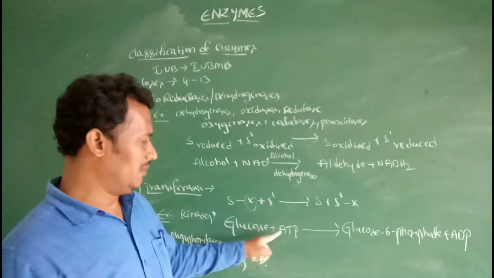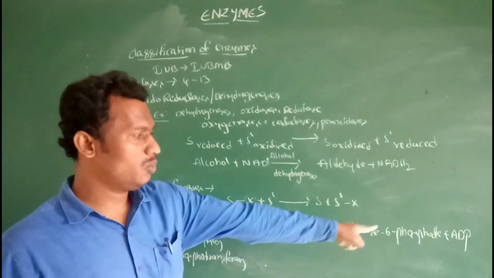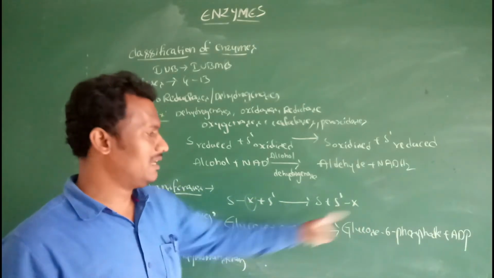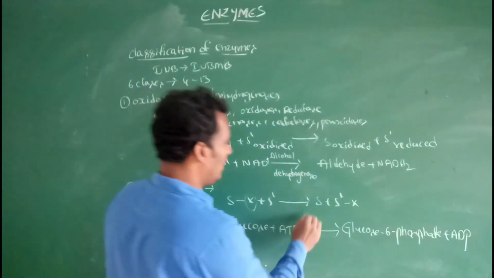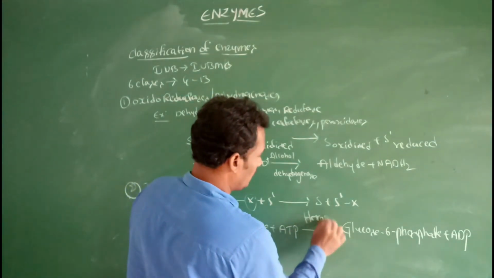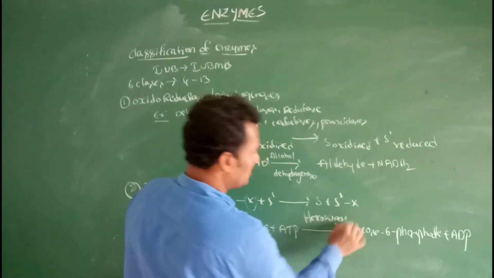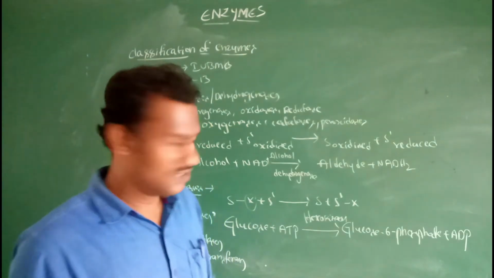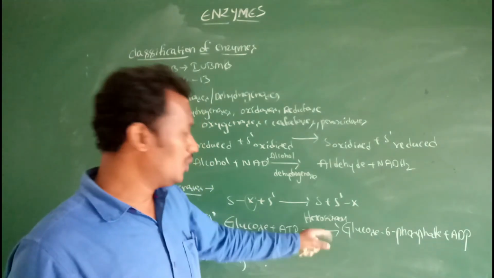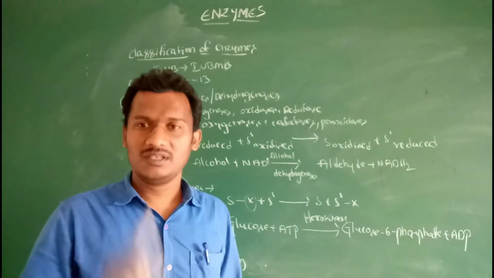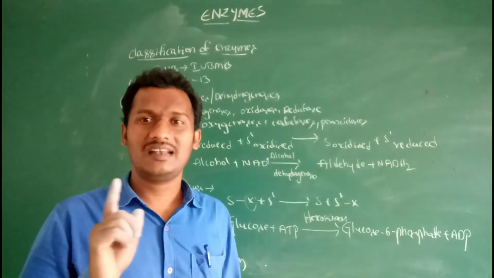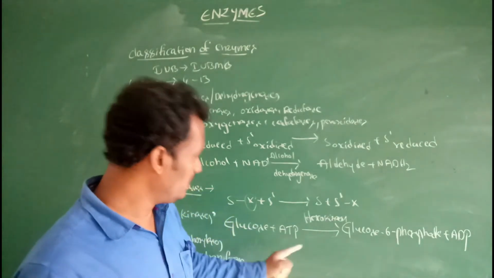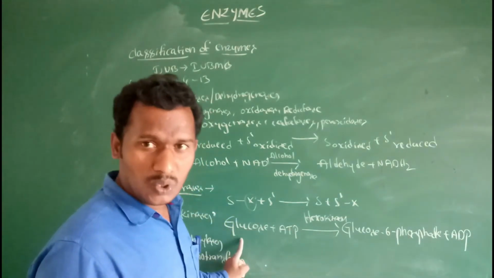So glucose plus ATP forms glucose 6-phosphate, and ATP is converted into ADP. This reaction is catalyzed by the hexokinase or glucokinase enzyme. In glycolysis, the first reaction is a phosphorylation, that means transfer of an inorganic phosphate from ATP to glucose.